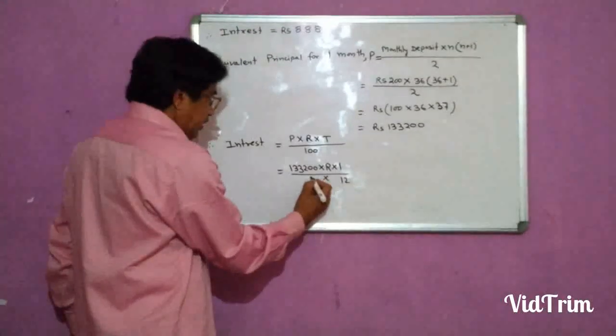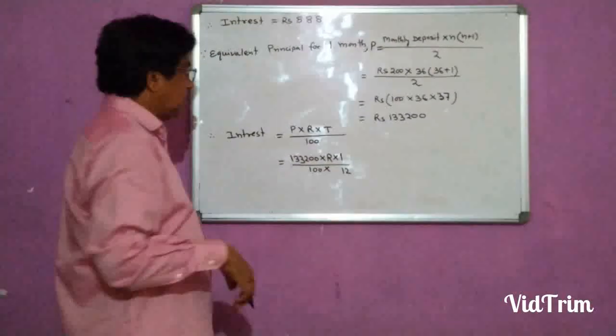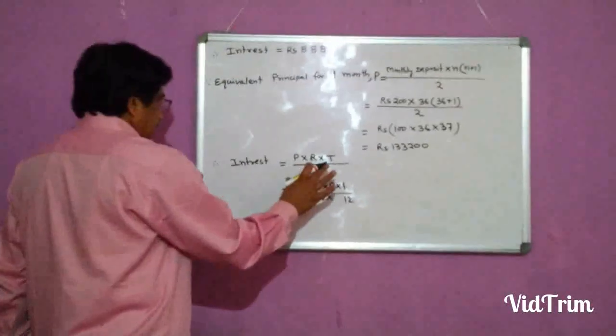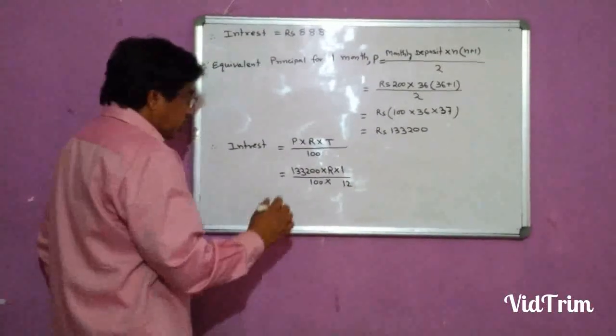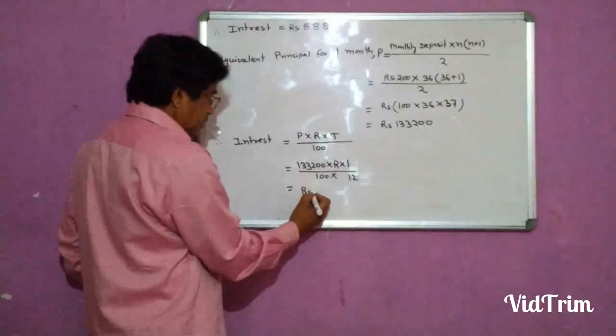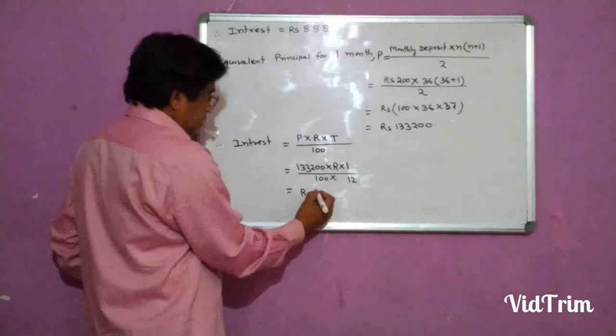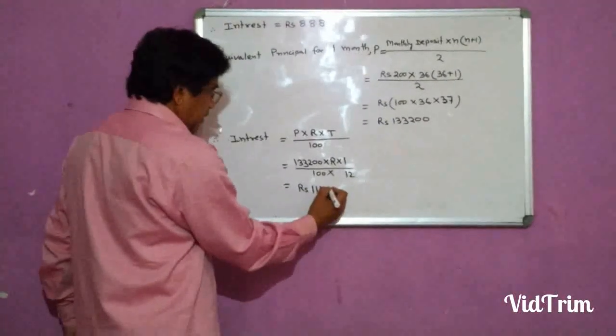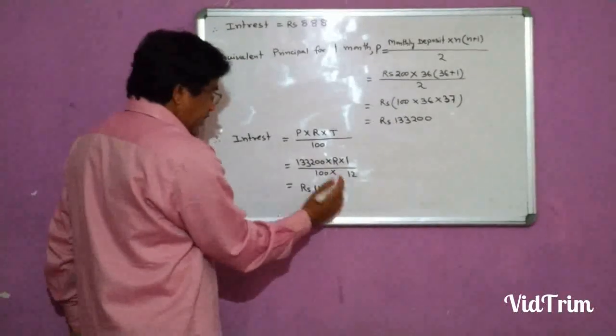And then 100 into 1 by 12. This you have to simplify. On simplification, you will get rupees 111 into R.